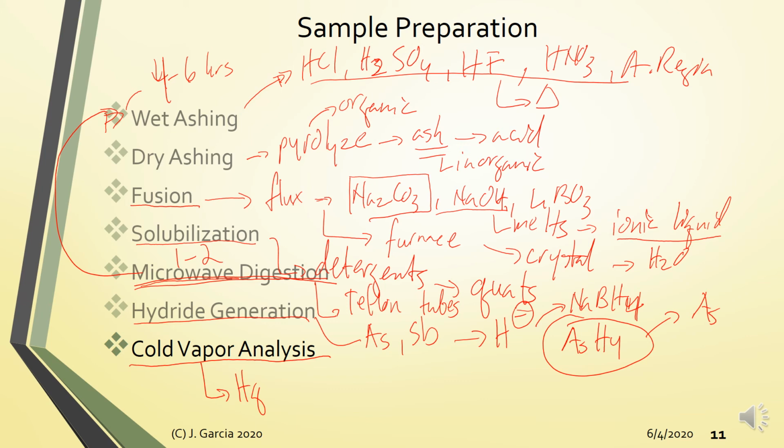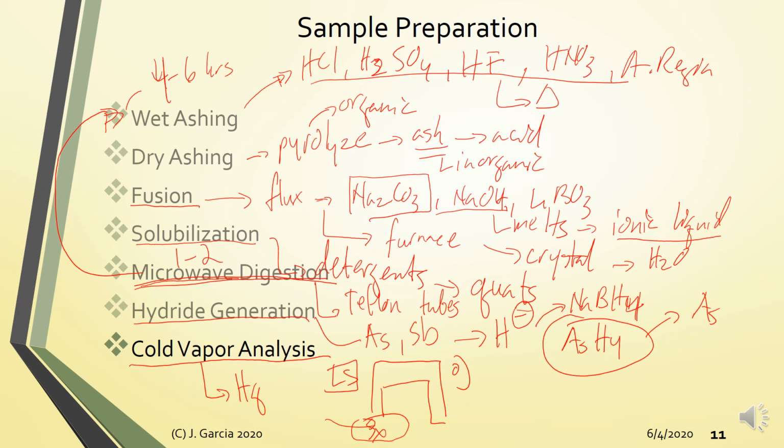So in cold vapor analysis, what you do is between the light source and the detector, you place your cold vapor setup. It's actually made from a quartz tube. So here you have your sample containing mercury. You have an apparatus that blows clean air into the sample.